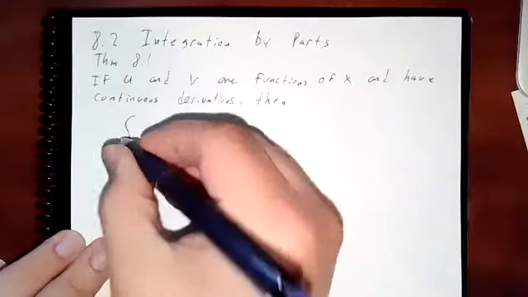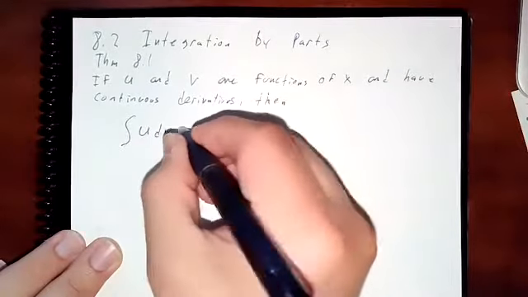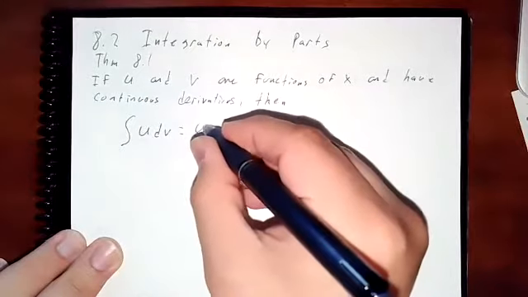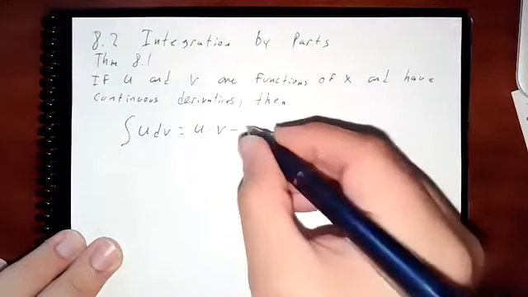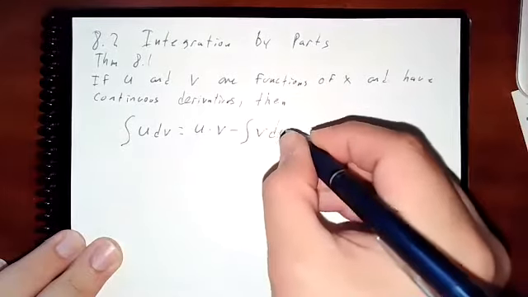So this is the formula we're going to be using. The integral of u times dv is equal to u times v minus the integral of v du.